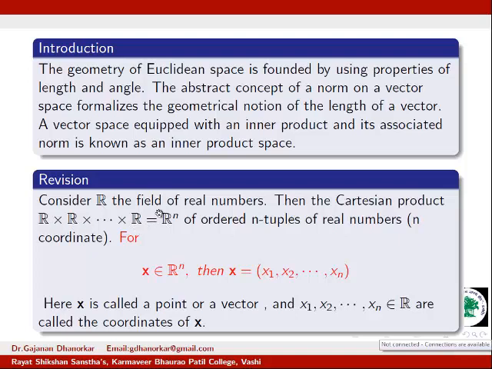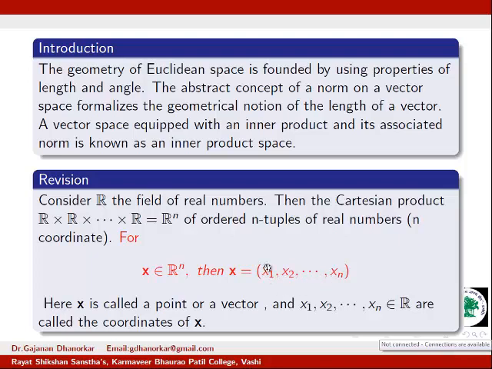When we take an element from this R^n space, we get an n-tuple form. Suppose I take x as an element of R^n, then x is x1, x2, and so on up to xn.